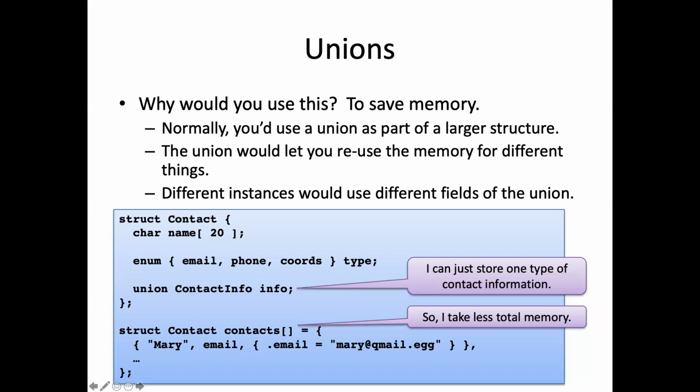So here, this inside curly brackets, that's the initialization value for the contact info struct. And that's our union. I could have filled in any of its three fields, but only one of them. Here, since I said I'm going to store the email address for Mary, that's the one I fill in.